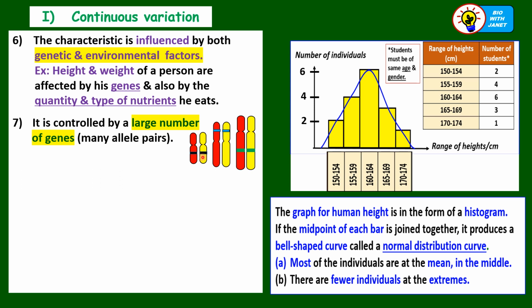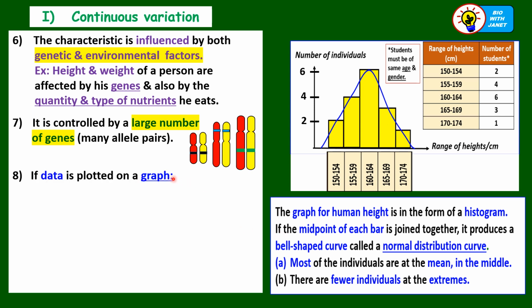So this is one pair of alleles, this is another pair, and this is another pair on different types of chromosomes. So that's the meaning of a large number of genes. A large number of genes are found on different types of chromosomes that are different in length too.